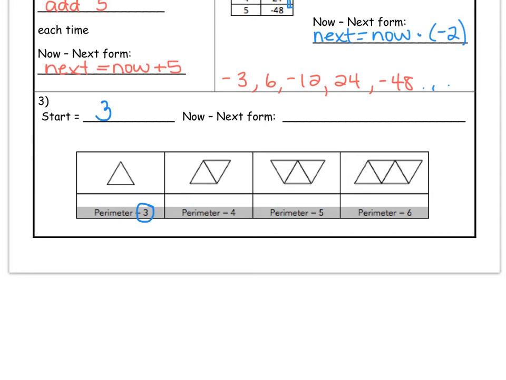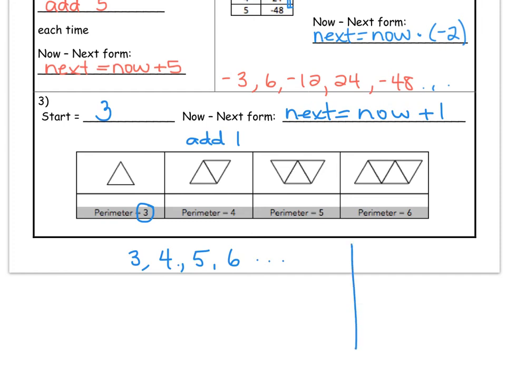Our pattern is to add 1. So to get our now next form, our next equals now plus 1. So if we want to write this out as a sequence, it would be 3, 4, 5, 6, and we could keep on going on and on.